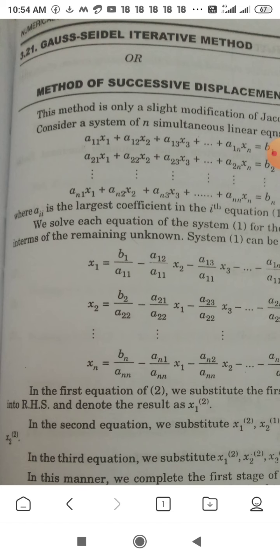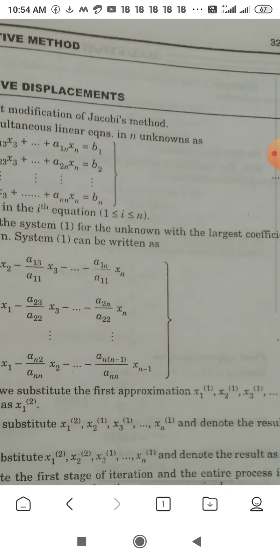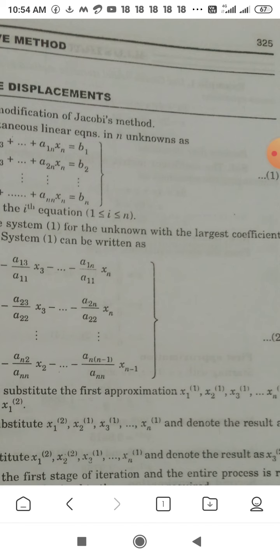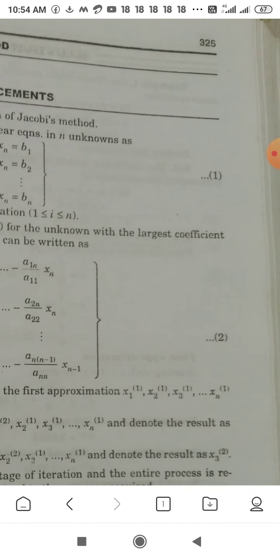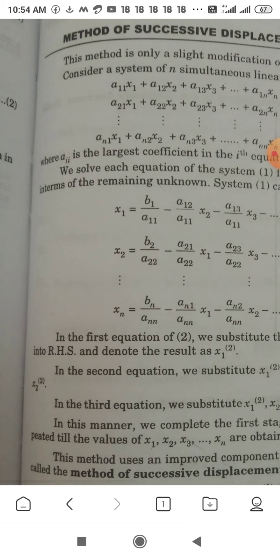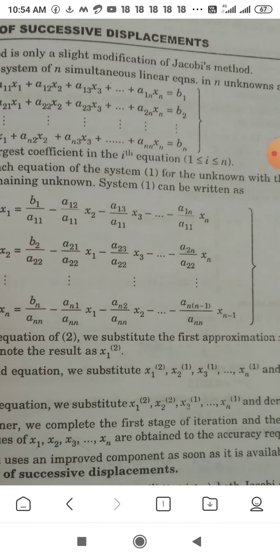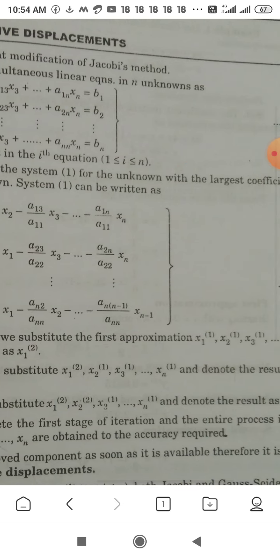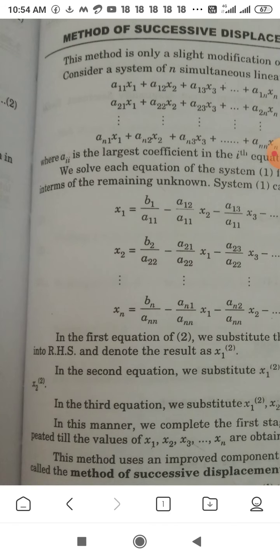In the first equation we substitute the first approximation x1(1), x2(1), x3(1) and xn(1) into the right hand side and denote the result as x1(2). In the second equation we substitute x1(2), x2(1), x3(1) dot dot dot xn(1) and denote the result x2(2).